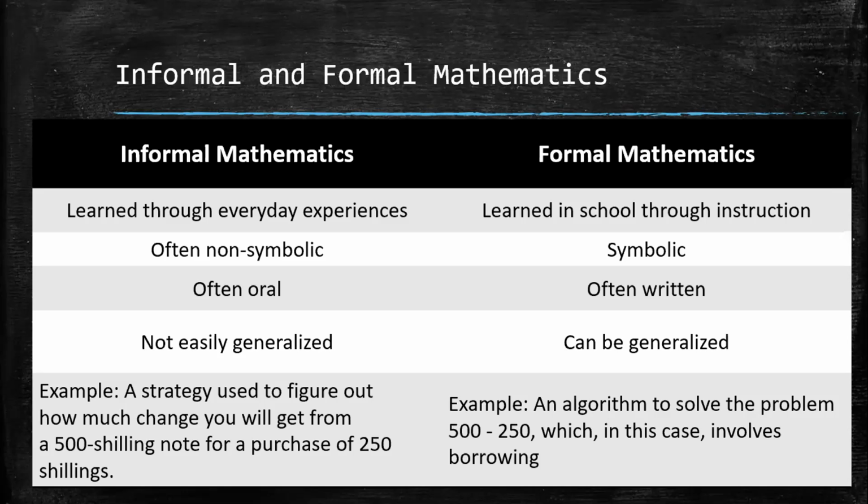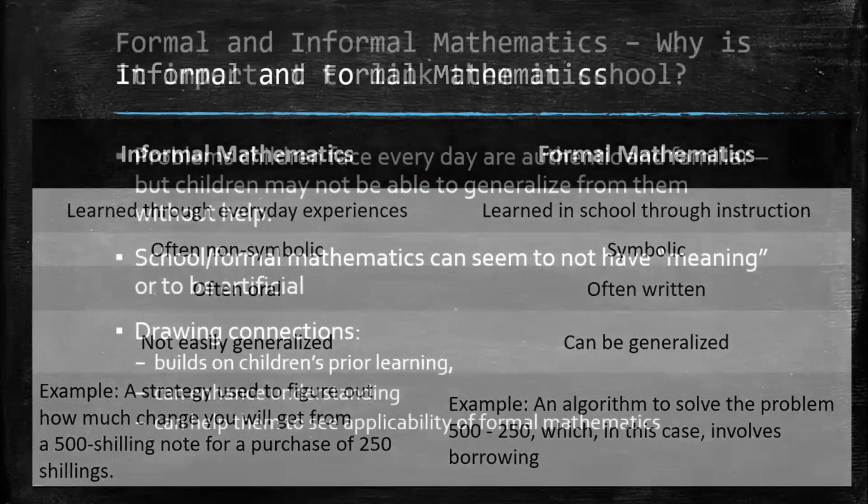Maybe they're typically using money that is in 50s, and so they get good at calculating change in 50s. But that doesn't mean that if you switch up the numbers, they would still be able to figure out the change. Whereas in school, you want to learn methods for calculating the difference or the change, no matter what those two numbers are. So that gives a little bit more of the picture, the difference between the two.